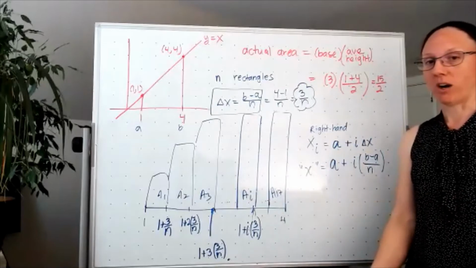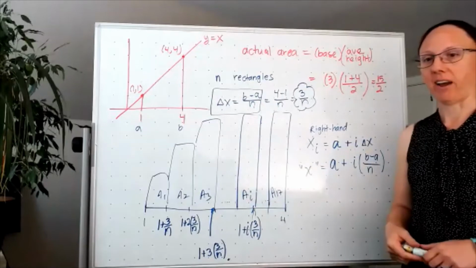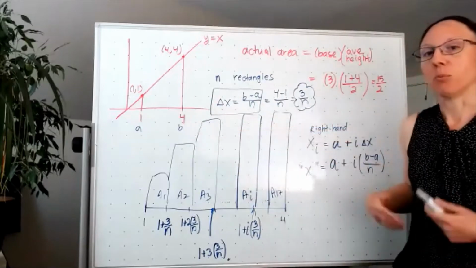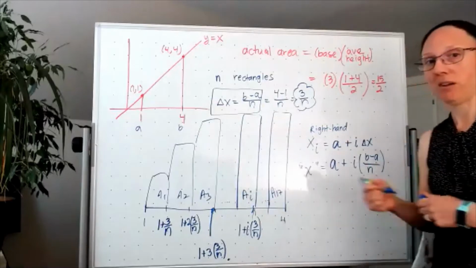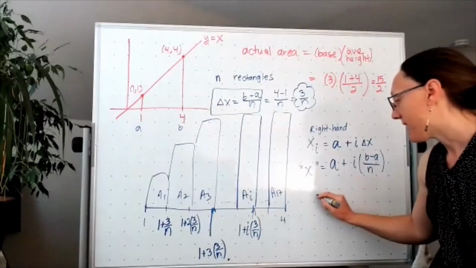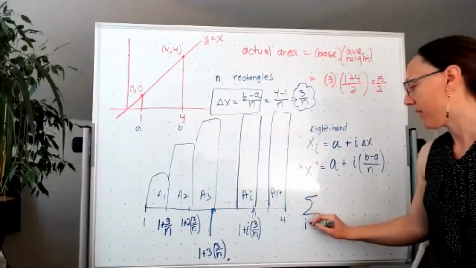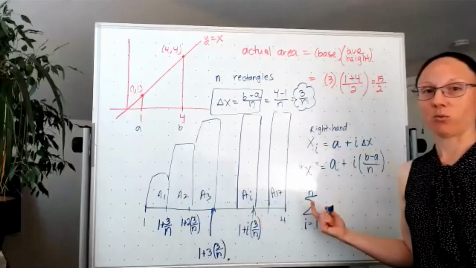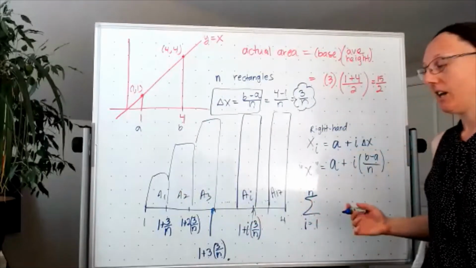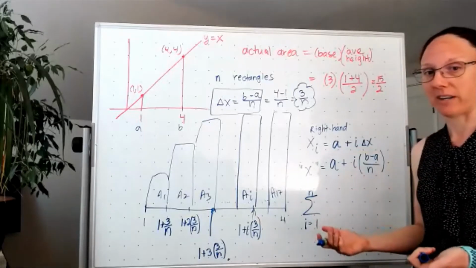When we move that forward and think about how I would actually find the area, well, I'd add up all these little pieces of area. And an addition problem is a sum. So that summation would go from i equals 1 to n, because I've got my n rectangles in here. And I'd have the base and the height of that rectangle.